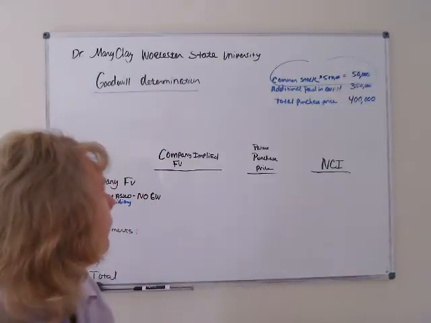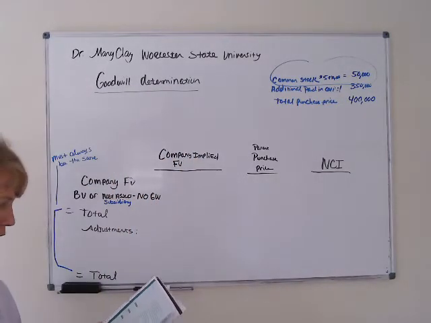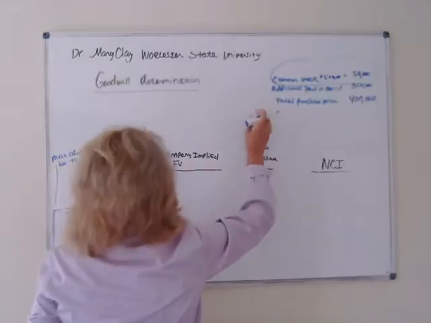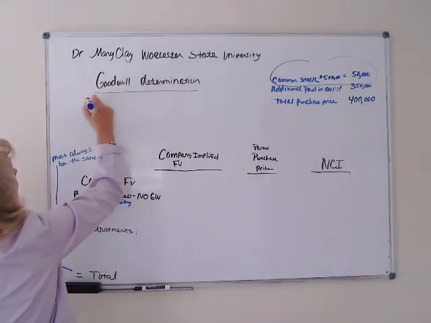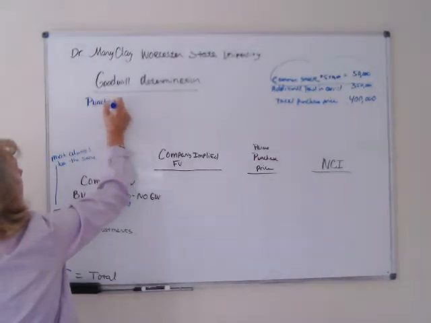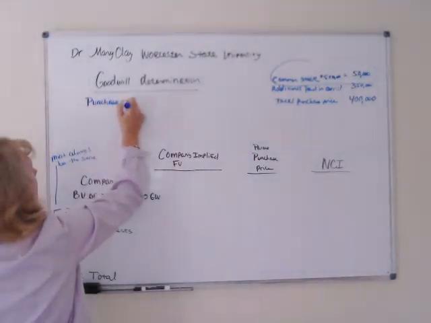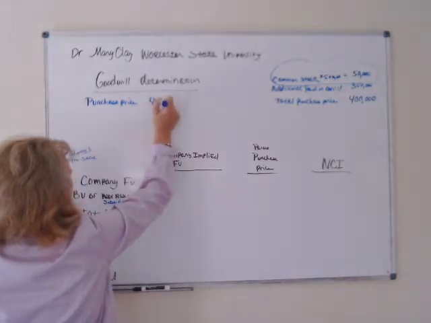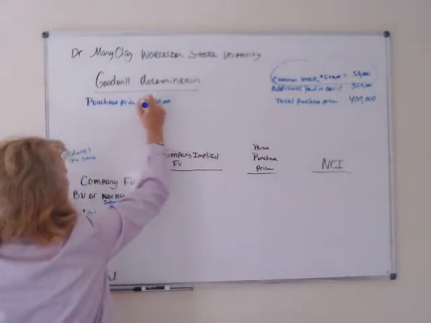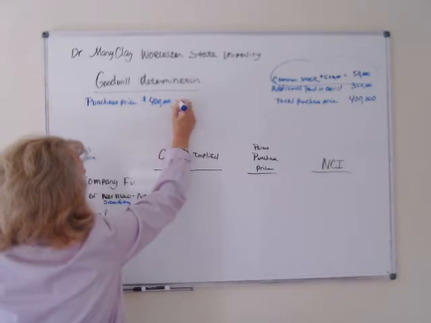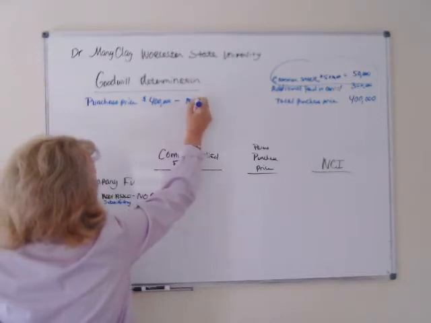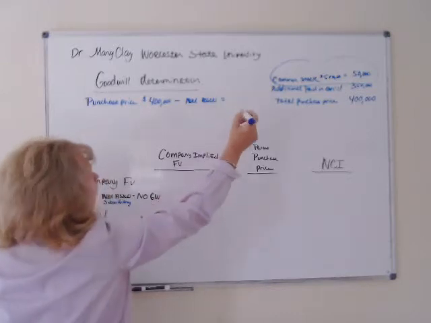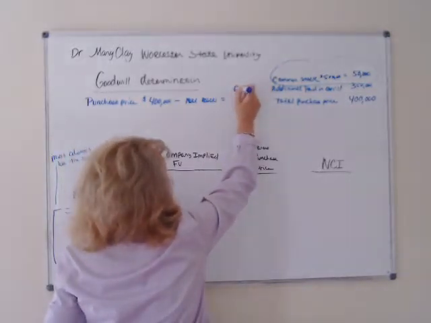Well, we already figured out the purchase price. So the purchase price is $400,000. Next, I'm going to subtract the net assets. And that will equal my goodwill.